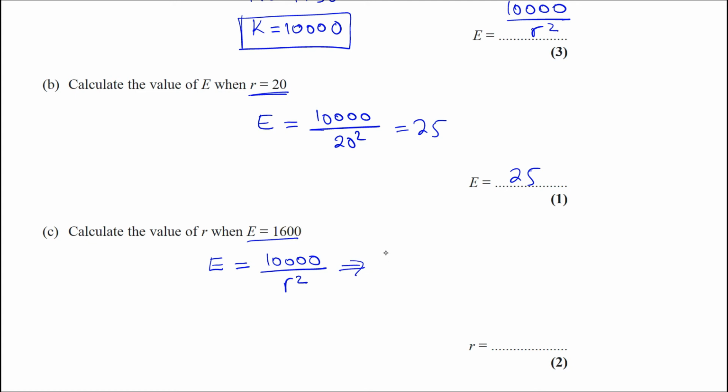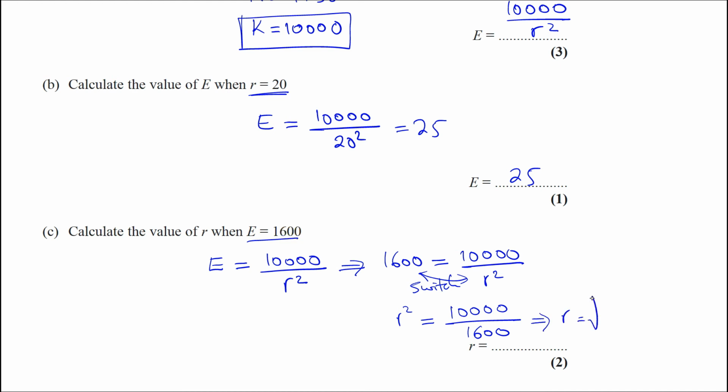So here we have 1,600 equals 10,000 over R squared. Now you can switch these two. So R squared will be equal to 10,000 over 1,600. That implies that R will be the square root of 10,000 over 1,600. So R will be equal to, if you plug that in the calculator, 2.5, and that will be the required solution.